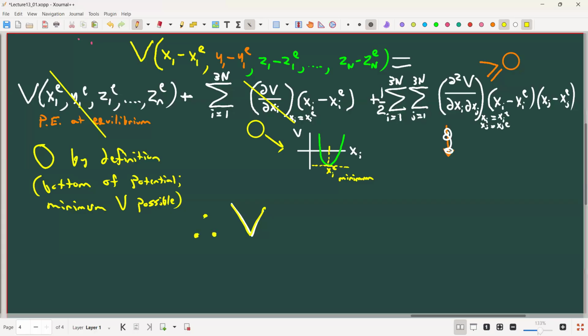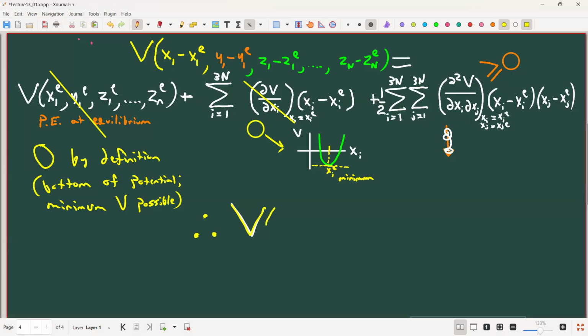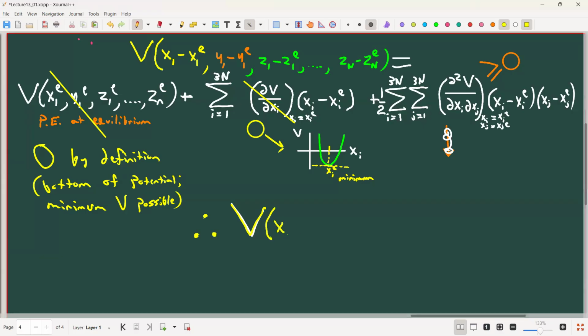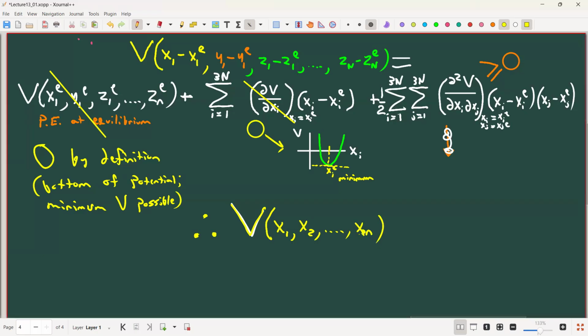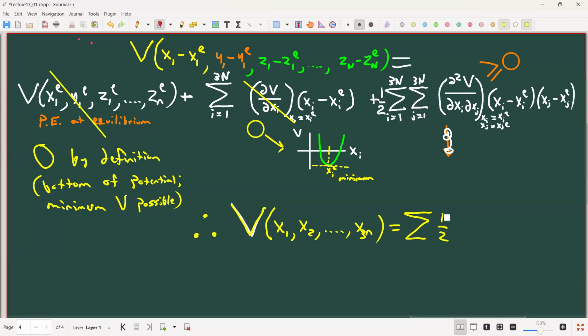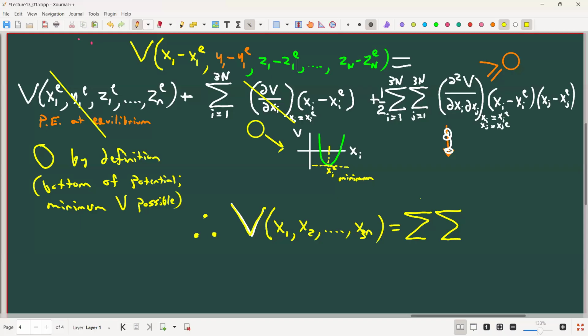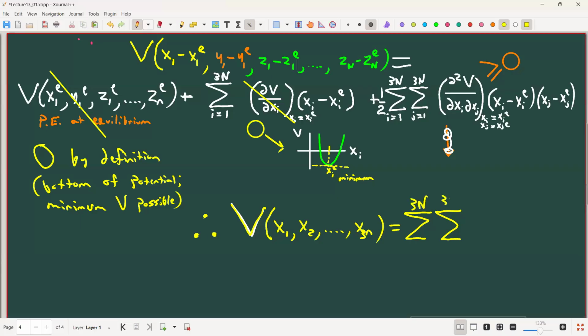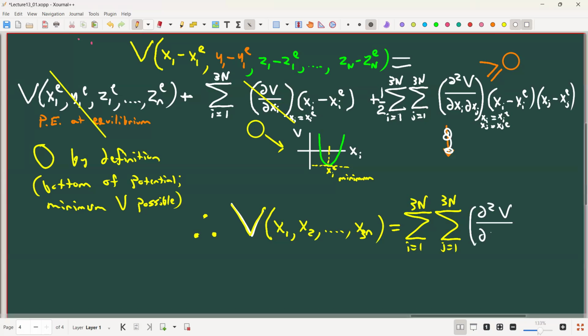I don't use this symbol very much, but these 3 dots mean therefore. The potential is now equal to the sum of 1/2, oh, sorry, I missed a sign, over i equals 1, j equals 1 to 3n of the second derivative with respect to those coordinates.